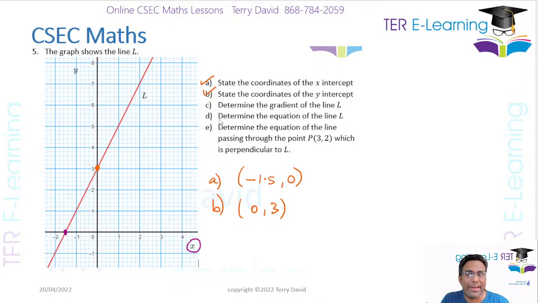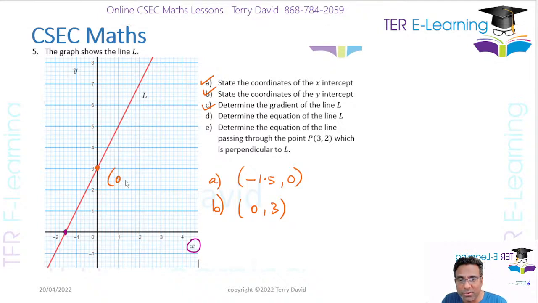So let's see what else they want here. They want to know what is the gradient of this line, right? Now, some students are used to using a formula for gradient, but when CSEC gives them a line, they are not sure what to do. What I suggest you do when you're working out gradient is to select 2 points on your line. Any 2 points you want, you're going to get the same answer. So I'm going to use this point as 1.